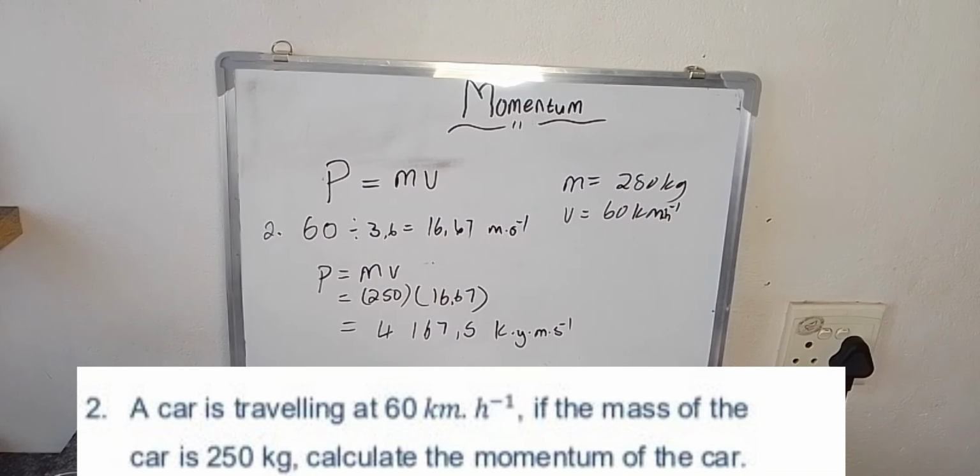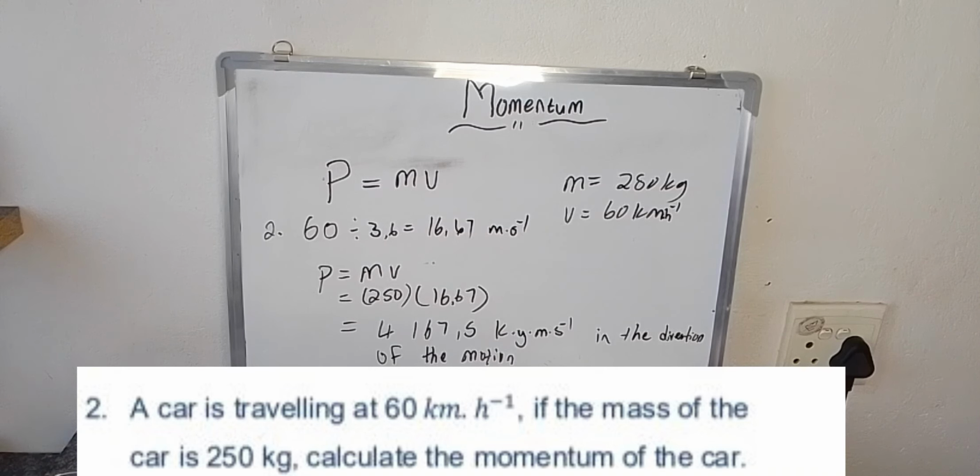So how about the direction? The direction is in the direction of the motion. Why the direction of the motion? Remember, we always choose a direction as positive in our question.